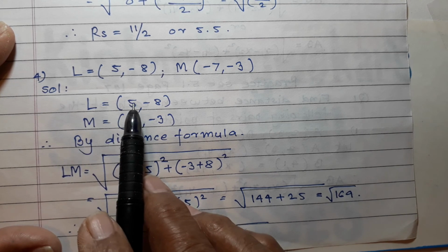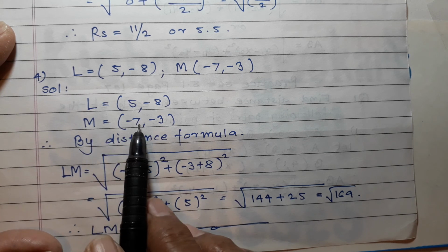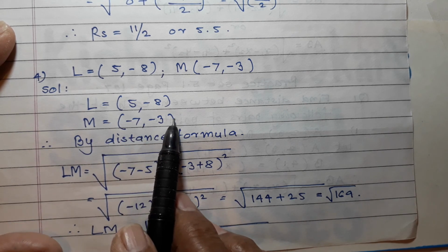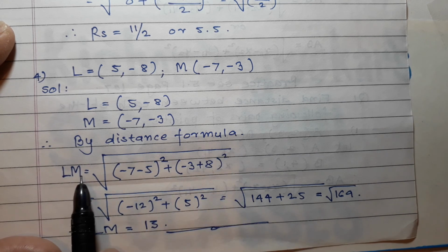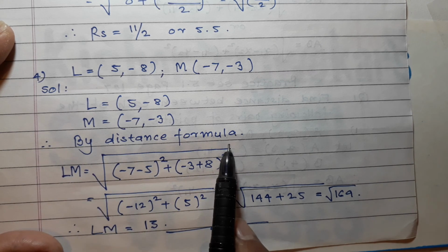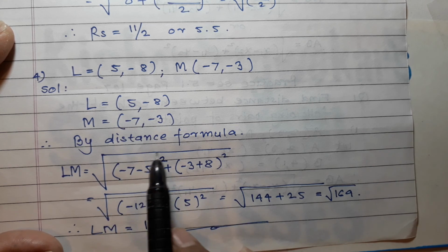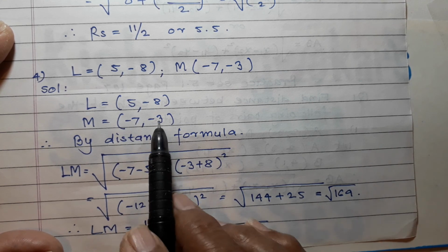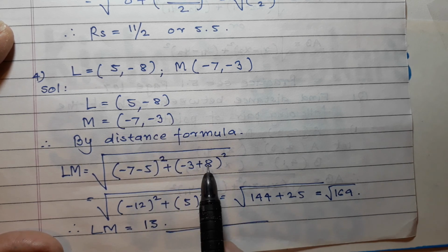L is equal to (5, minus 8), M is equal to (minus 7, minus 3). Therefore, by distance formula, LM is equal to under root (minus 7 minus 5) square plus (minus 3 minus minus 8, that is plus 8) square.